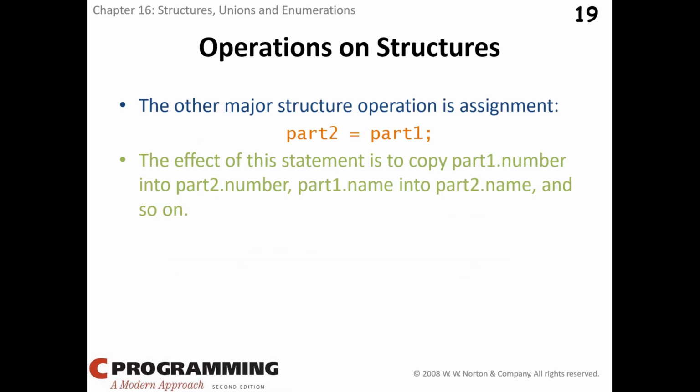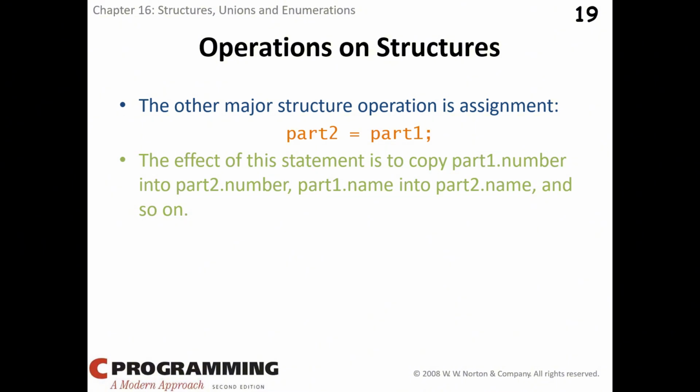Now let's discuss another fundamental operation on structures in C, which is assignment. When we assign one structure variable to another, such as part2 = part1, it has the effect of copying the values of each member from part1 to part2.